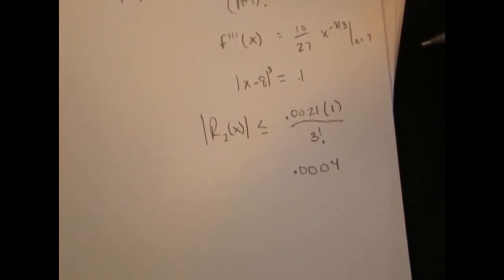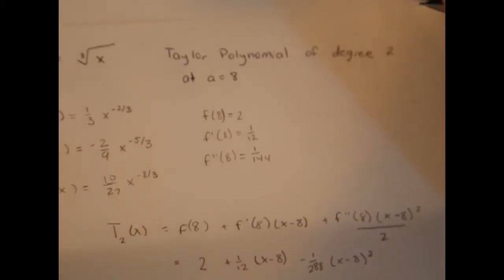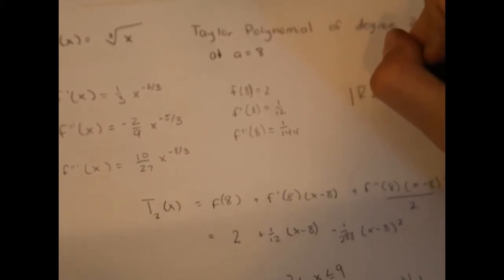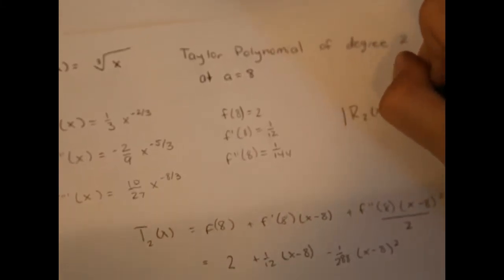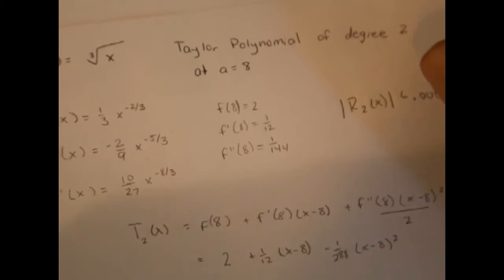So the approximation in this part of our Taylor polynomial is accurate within 0.004. Now, if we had a graphing calculator and had been able to graph this, we would have found that the absolute value of R2 of x was less than 0.00003.